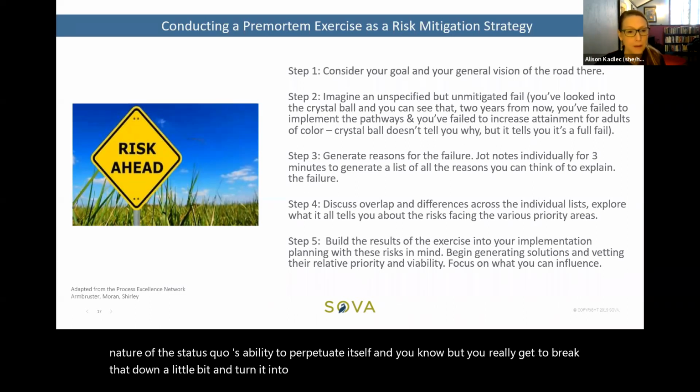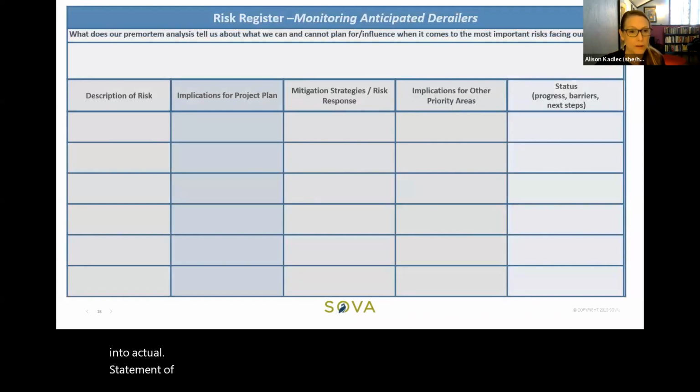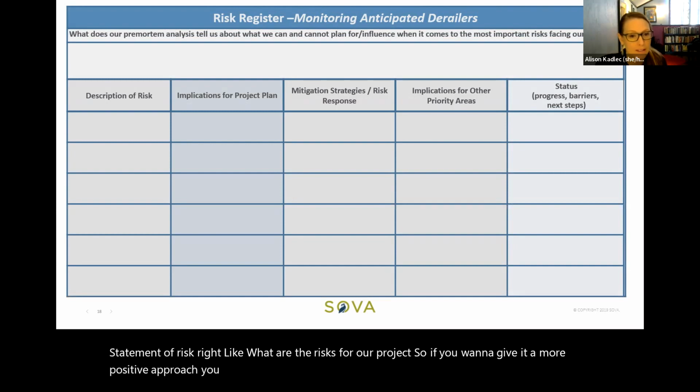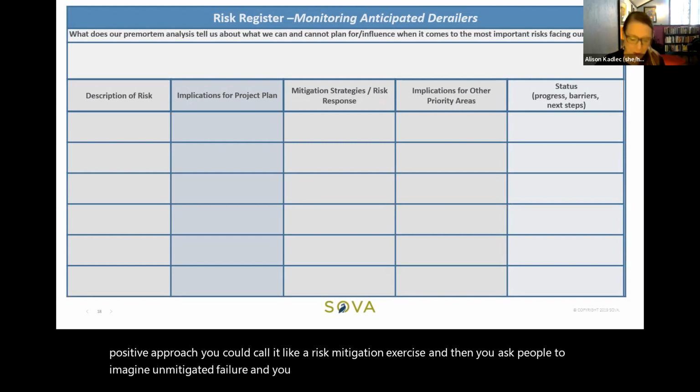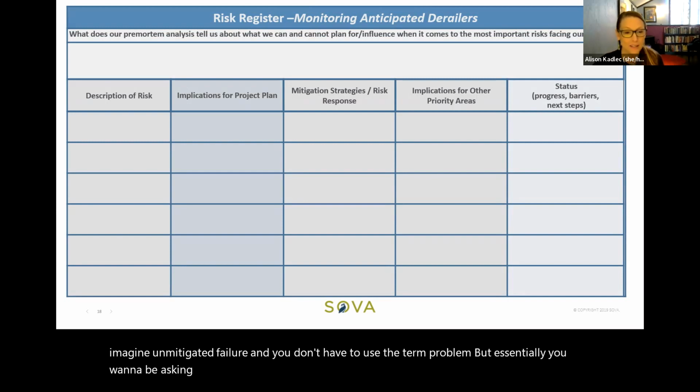But you really get to break that down a little bit and turn it into an actual statement of risk. What are the risks for our project? If you want to give it a more positive approach, you could call it a risk mitigation exercise. You ask people to imagine unmitigated failure, and you don't have to use the term pre-mortem. Essentially, you want to be asking yourselves, okay, we did this exercise, we've narrowed it down to the things that are in our control.